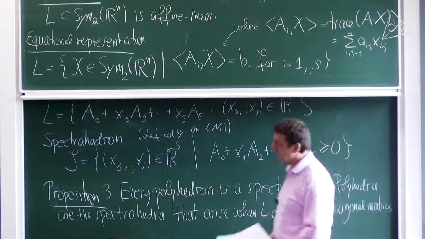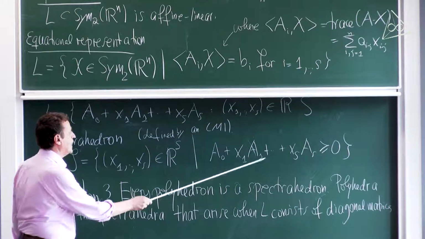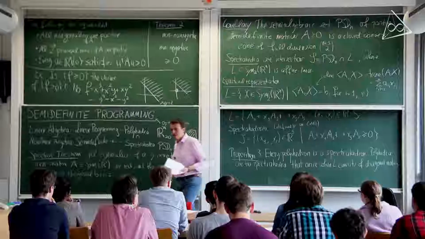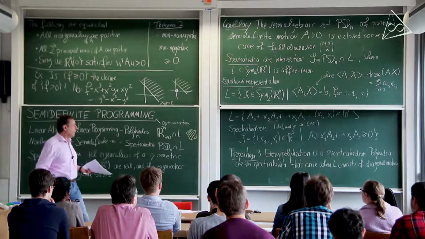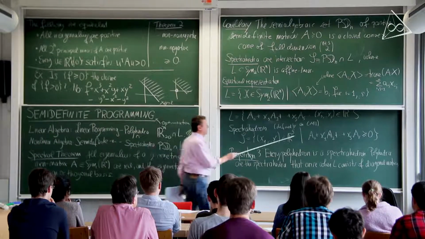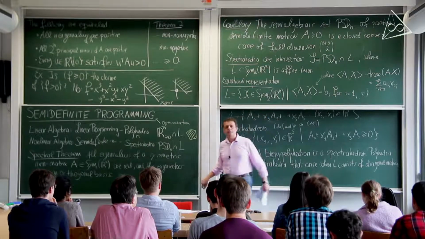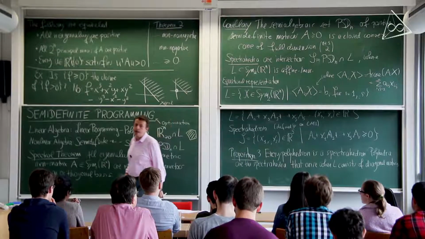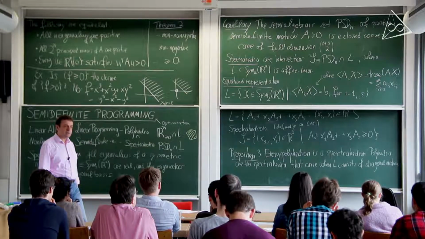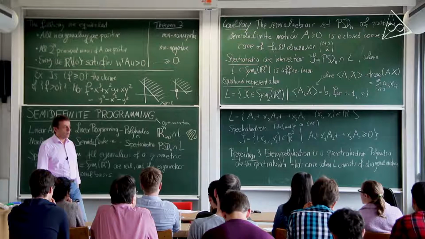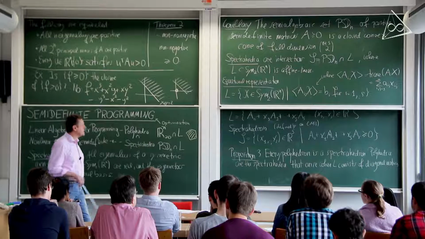Right? So let's revisit this. It could happen that these matrices, A0, A1 up to As, are just symmetric diagonal matrices. There's zero outside the main diagonal. Well then, this linear combination is a diagonal matrix. But this diagonal matrix is positive semi-definite if and only if the entries are non-negative, right? And that just says I have a system of n linear inequalities in s unknowns defining my polyhedron in the inequality sense.